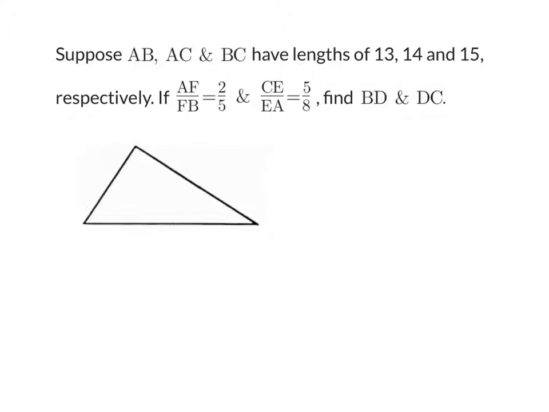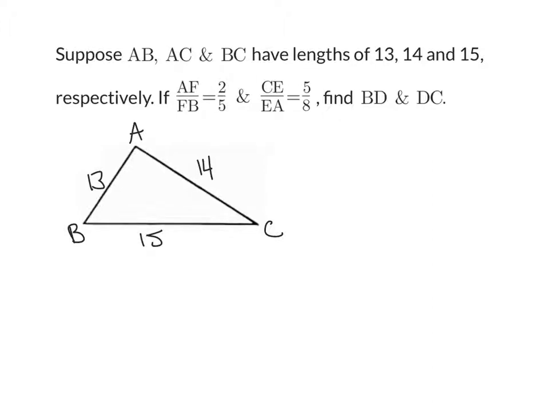So let's see Ceva's theorem in action here. Suppose AB, AC, and BC have side lengths of 13, 14, and 15 respectively. That would mean that if we call this vertex A and this one B, its side length will be 13. A to C is going to have a length of 14, and B to C will have a length of 15.